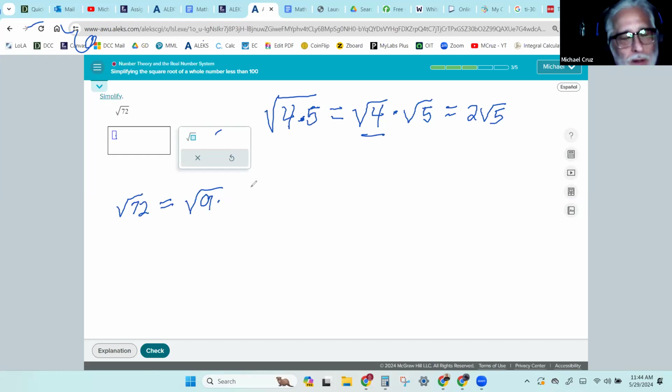Wait, no, what is this? 9 times 8, right? Hold on a second. Oh, wait a second. Back that up. It's simpler than that. It's 36 times 2. When you do these, you're always trying to get the largest perfect square you can. So that's why the 9 thing wasn't cooperating.